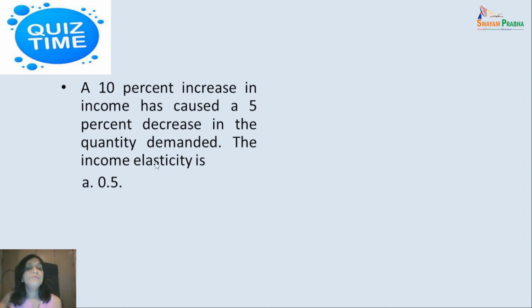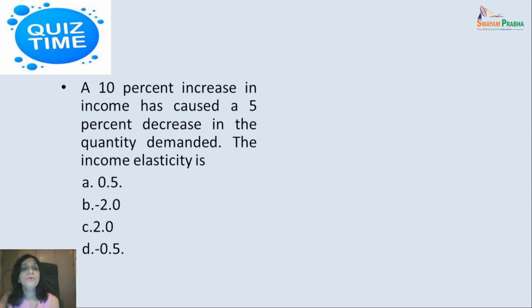What will the answer be: 0.5, minus 0.5, 2 or minus 2? I have already given you a hint. Please see the direction of the change in demand and also the change in income.